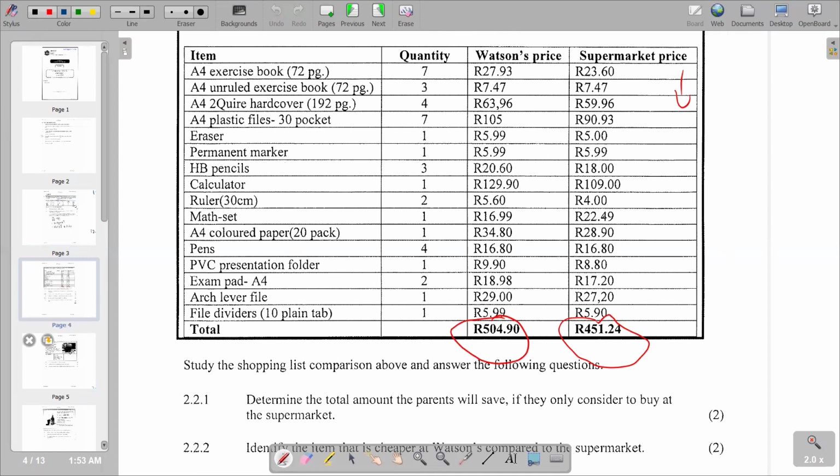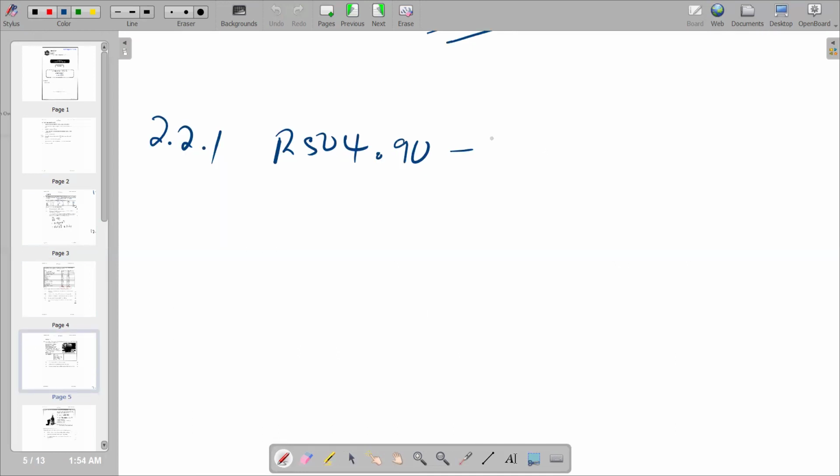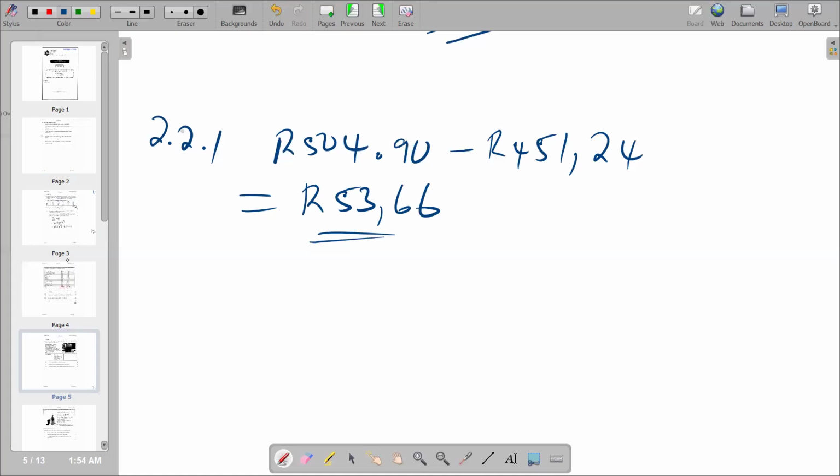So we just represent it like that, and then we subtract 451.24. And then we find the amount that has to be saved, which is 53 rand 66 cents. So this becomes our answer to 2.2.1.